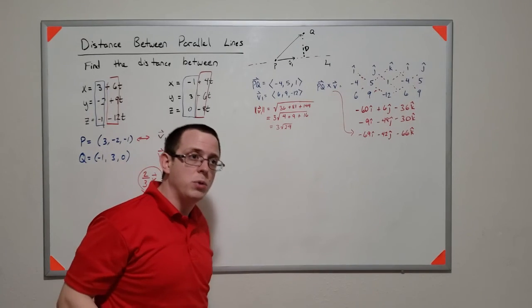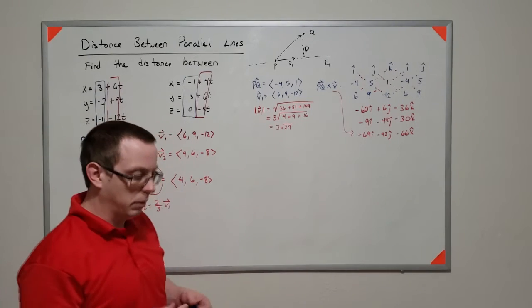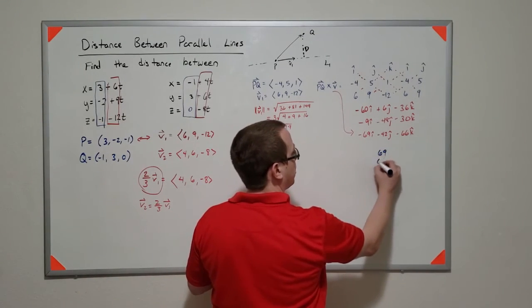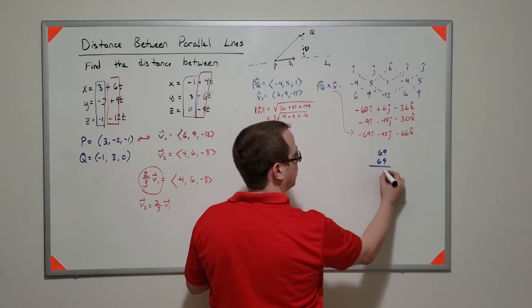So I need to get the magnitude of that bad boy. And I didn't pre-compute this because I'm kind of dumb. So I need to figure out what 69 times 69 is.